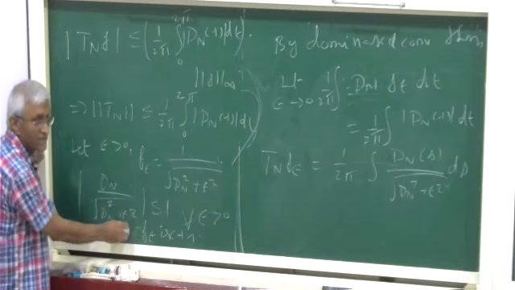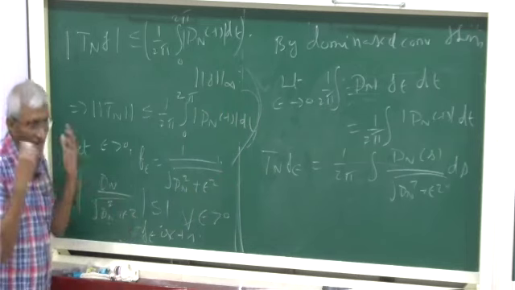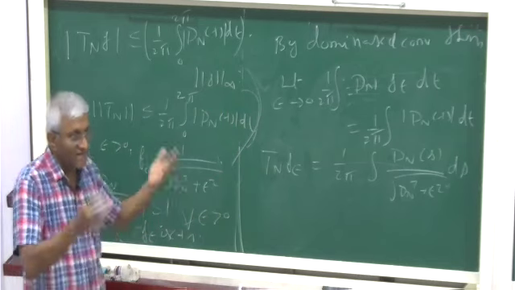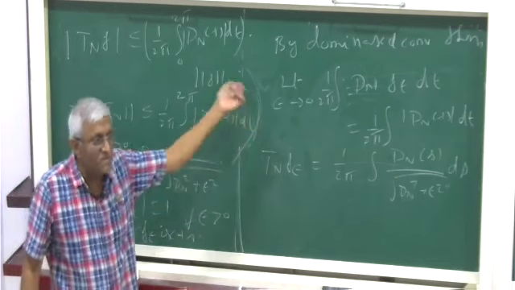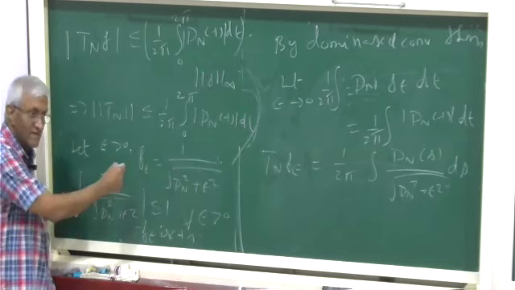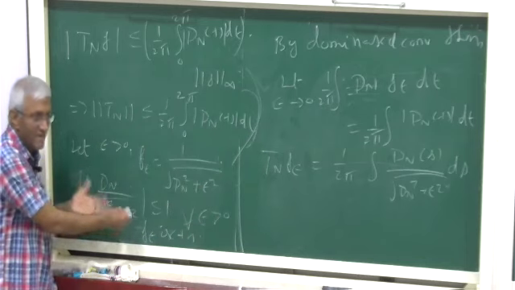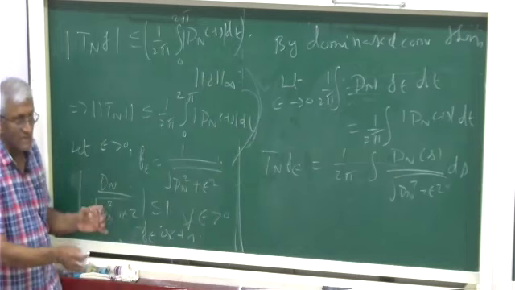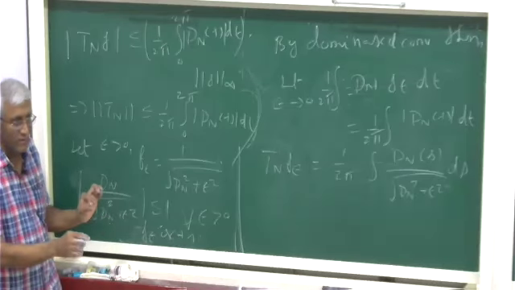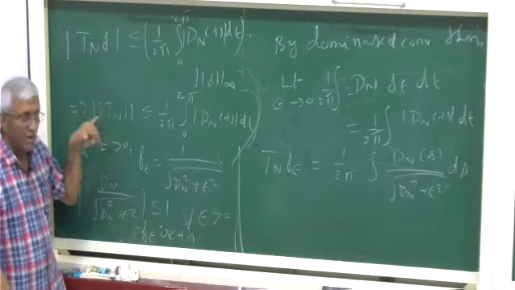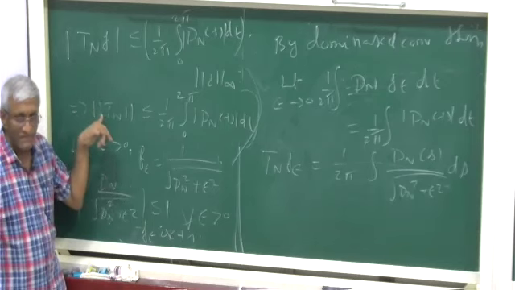If I could take Tn by mod Tn, then I would immediately get that the supremum is attained. Here the supremum is not attained. So for each epsilon I am producing an f epsilon whose infinity norm is less than or equal to 1, and then Tn f epsilon converges to this.